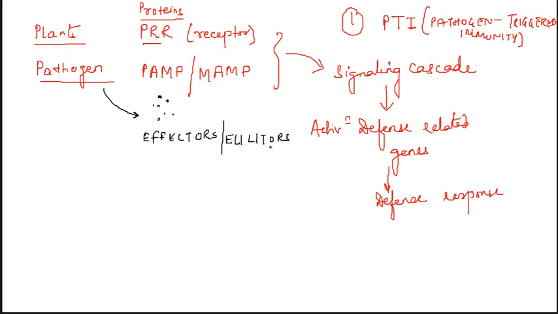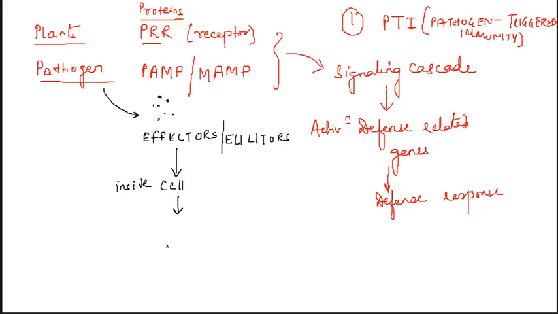Now these elicitors, what will happen? When released, they will not bind to the plasma membrane like MAMP and PAMP used to bind. So they will not bind to the plasma membrane. What they will do is enter inside the cell.